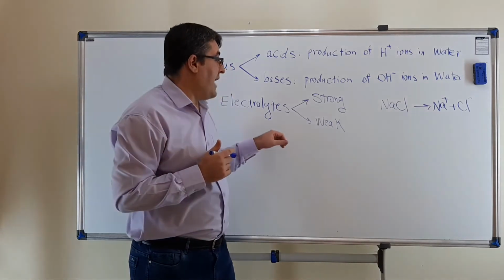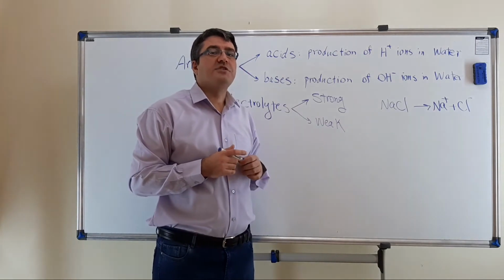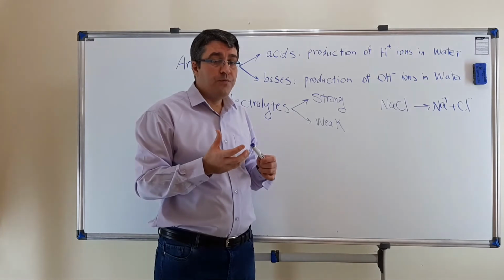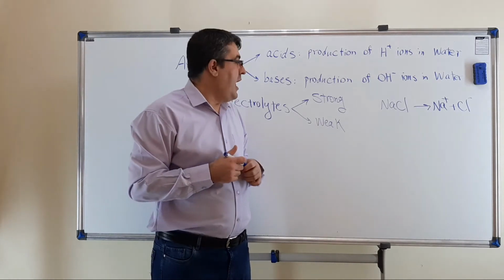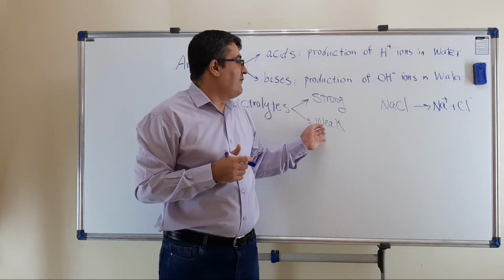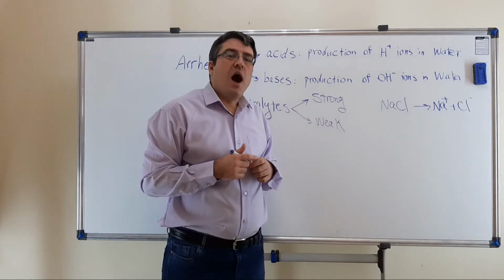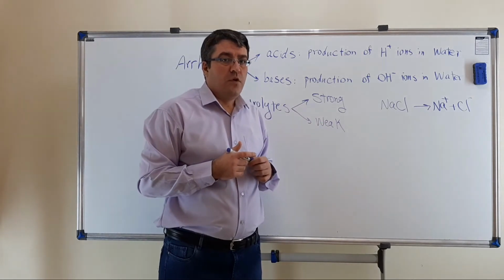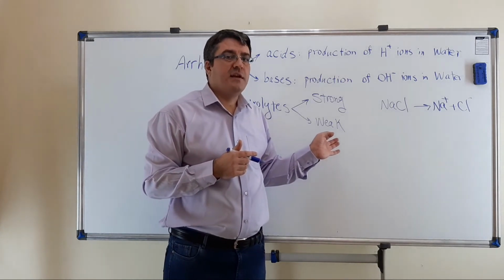While in the case of weak electrolytes, concentrations of ions are low because ionic dissociation is partial, and the molten or dissolved forms conduct the electric current weakly, or they are weak conductors of the electric current.